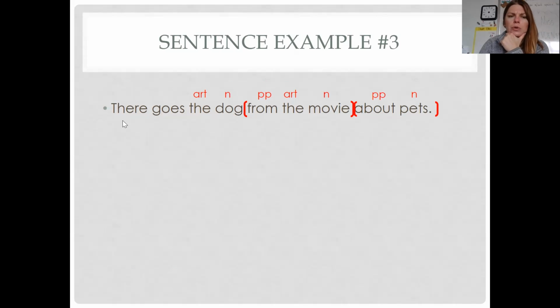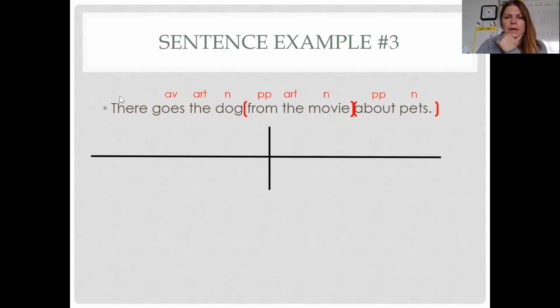Then we've got these two words, "there" and "goes." Which one looks like our action verb? Goes. Now, this word "there" is kind of wonky. The most important, and we're going to talk about it later, so don't worry about it right now. Who goes? So goes is our verb. Who's doing the going?